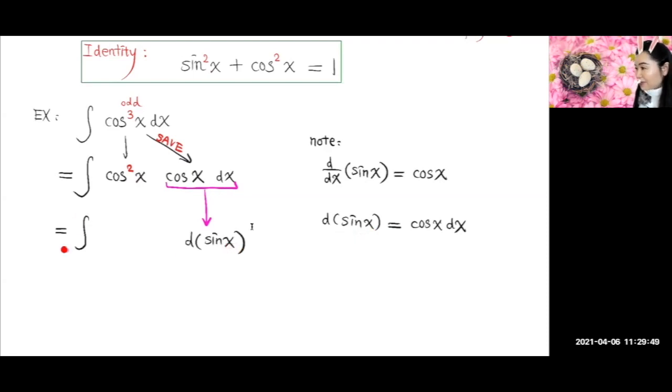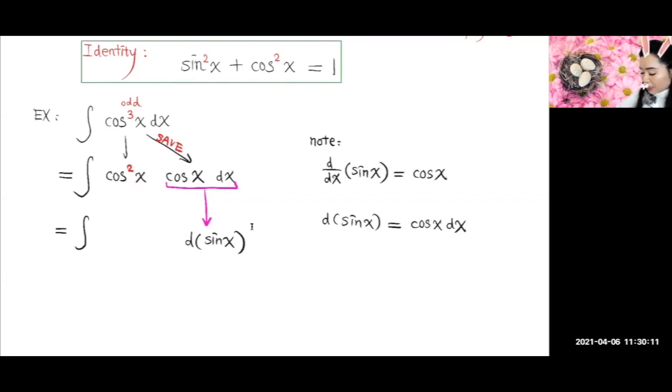Now that will become an integral with respect to sine x. Now this part over here, I want to express in terms of sine x because that's an integral with respect to sine x. So we use this identity, express cosine square in terms of sine.